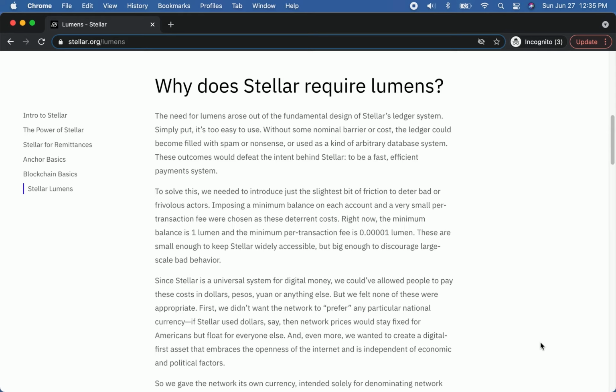Even though Stellar doesn't use a proof of stake algorithm, it does have certain elements of proof of stake built into the network, which is why this can be confusing for some people. So the consensus mechanism Stellar uses is the one we just talked about, the Stellar Consensus Protocol. But similar to proof of stake, Stellar does require that each account have some small amount of Stellar Lumens so that they do have some stake in making sure everyone's a good actor.